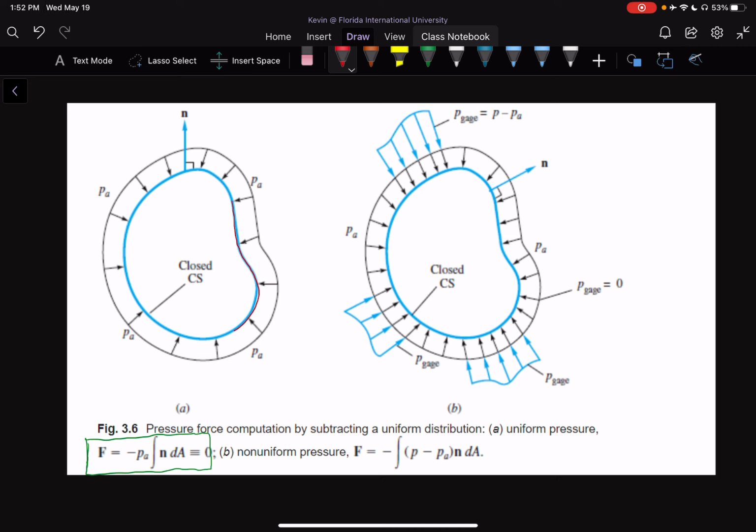So if we look at this first diagram here, we have a closed control surface and a uniform pressure applying a force around the system.